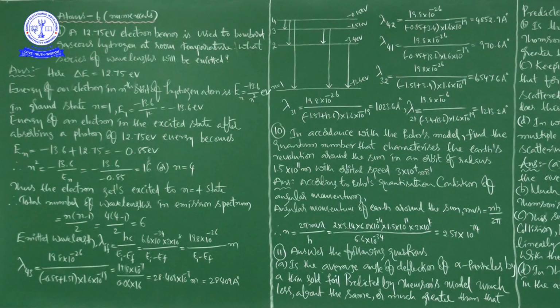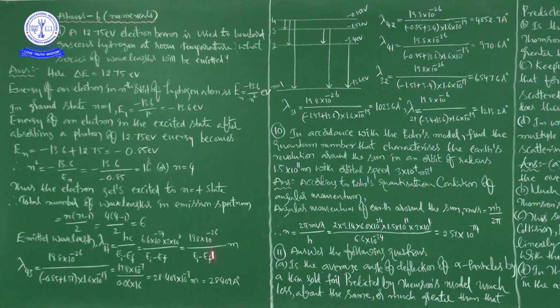So here you will get 28,409 angstrom unit. That is the first wavelength, lambda 43, the wavelength emitted for these two. Next lambda 42, so these two, 4 and then 2, okay, right?